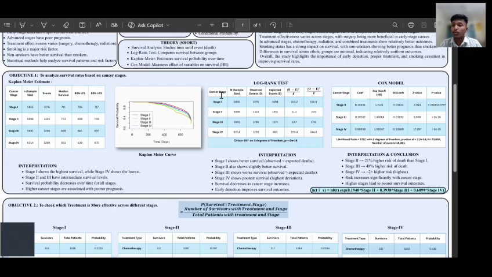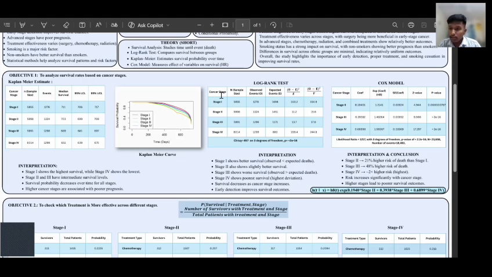And thirdly, we use the Cox model to find the risk factor. We are comparing with stage 1. Stage 2 has a hazard ratio of 1.2141, so stage 2 shows a 21% higher risk of death than stage 1.